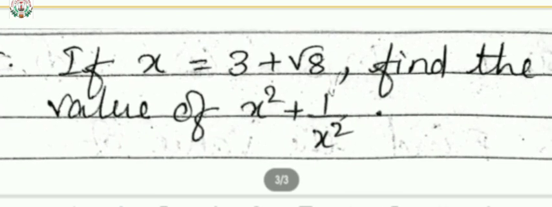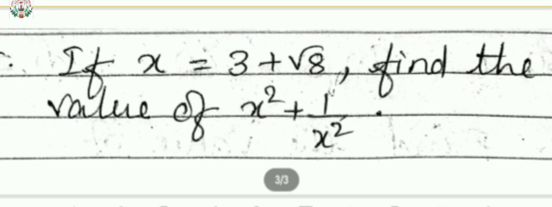Now find the value of x square plus 1 upon x square. For this, use the formula (x plus 1 upon x) whole square, which equals x square plus 1 upon x square plus 2.